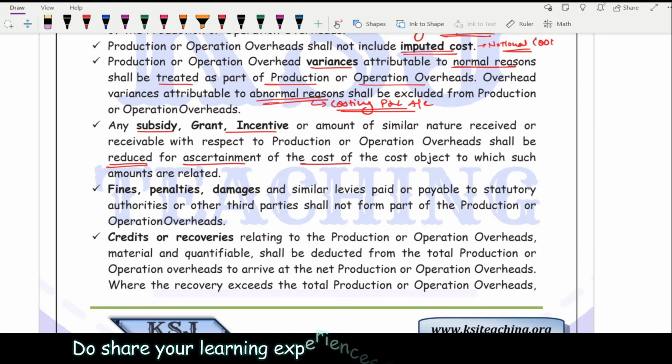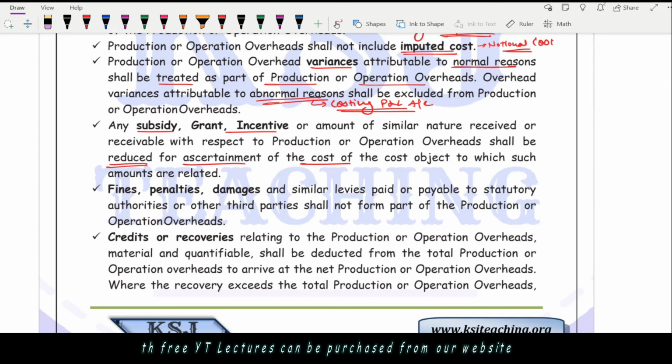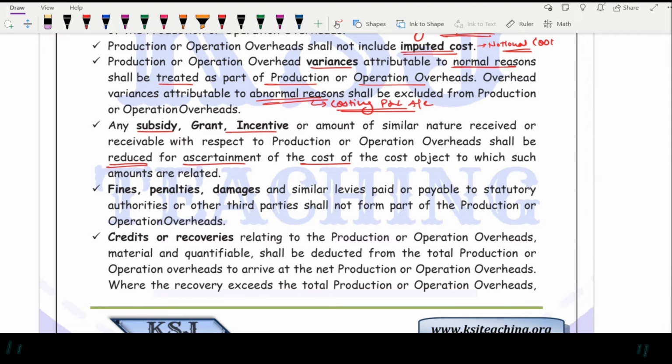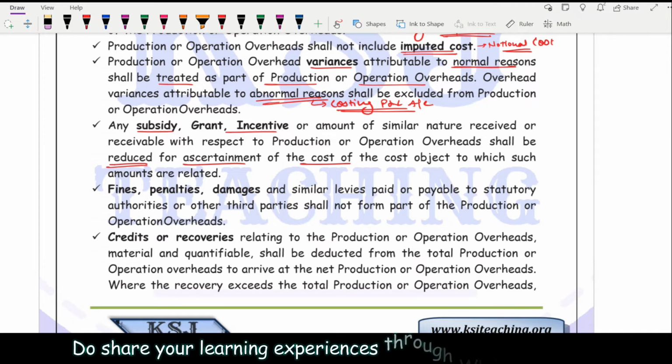Why will you get the subsidy or the grant? Because the product that you are manufacturing is such that the government is providing subsidies on it. For example, electric vehicles, the government is giving subsidies, right? So if you are manufacturing electric vehicles and getting a subsidy from the government, this will be applicable. Your production cost will come down.